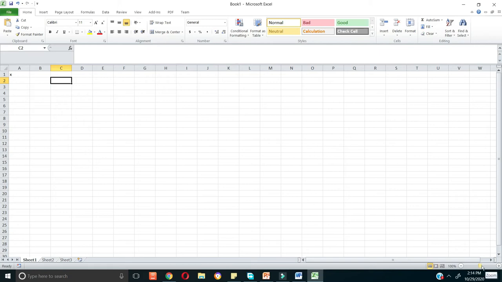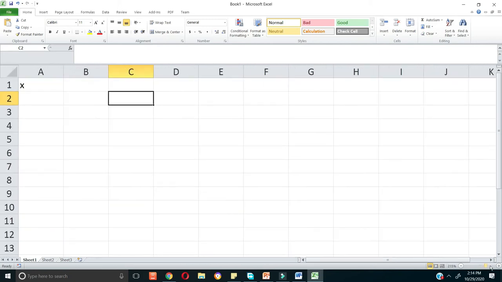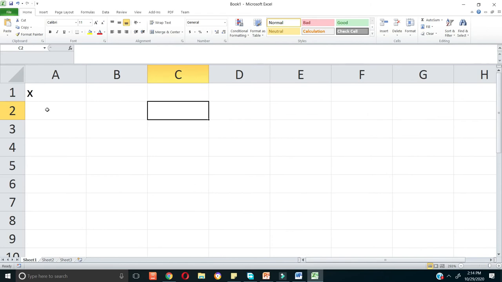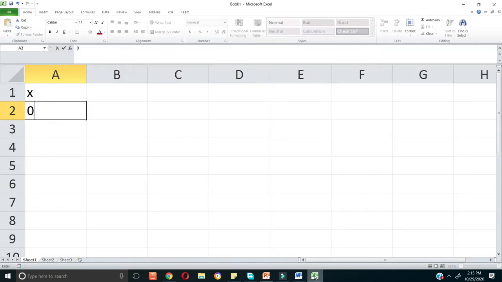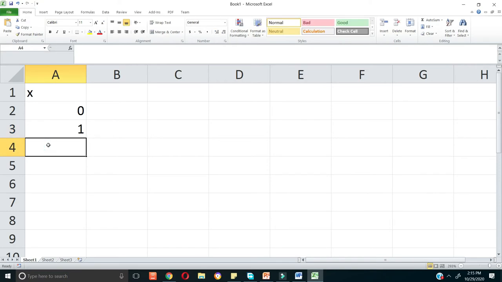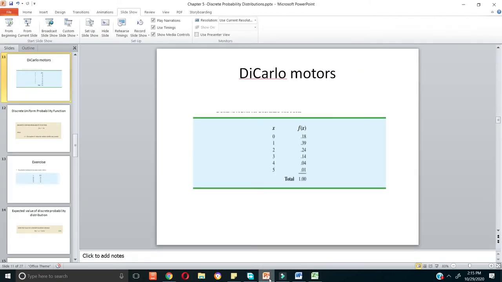Let me just increase the zoom a bit. So we say when x is 0, we have 0, 1, 2, 3, 4, and 5.